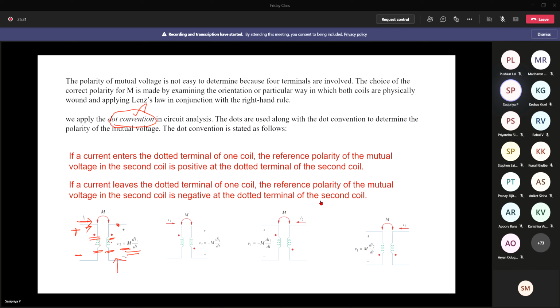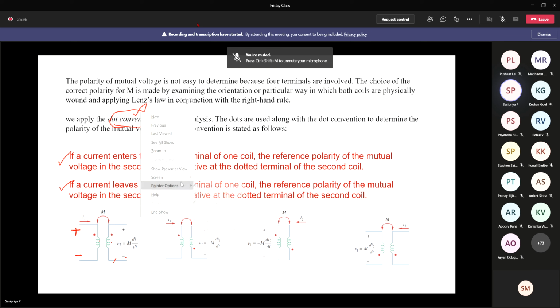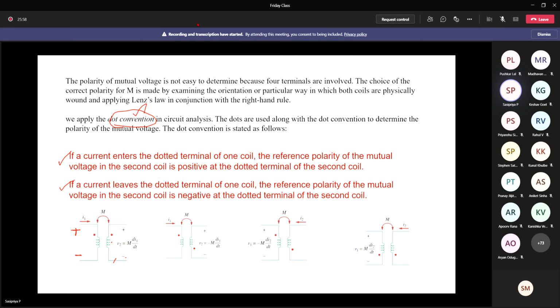Now as per this dot convention, there are two things we have to remember. What does this dot convey to us? One is, with respect to this dot, whether the current is an entering current or a leaving current.